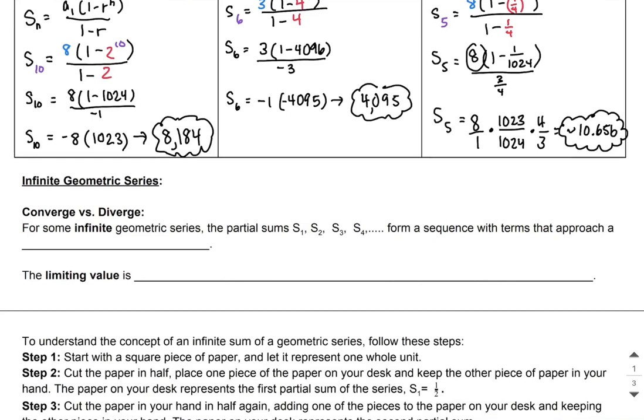For some infinite geometric series, the partial sums, so s sub 1, s sub 2, s sub 3, s sub 4, if I look at them as a list, if they form a sequence, I can see it approaches a limiting value. So I'll see the partial sums are getting closer and closer to some number. So it has a limiting value. The limiting value is going to be the sum of the infinite geometric series.